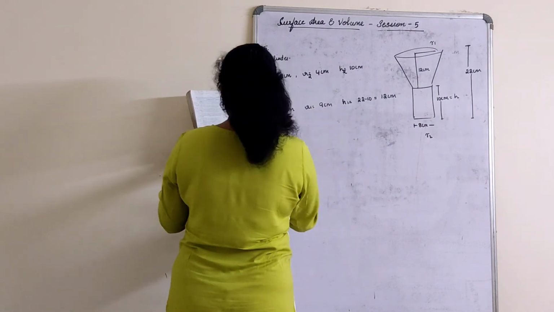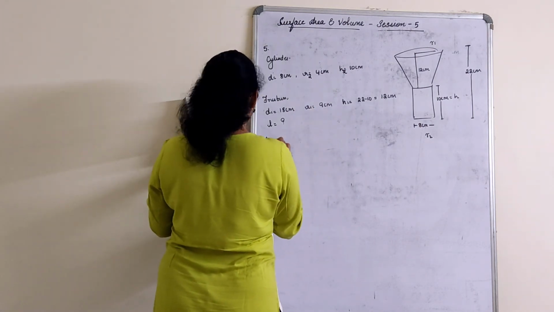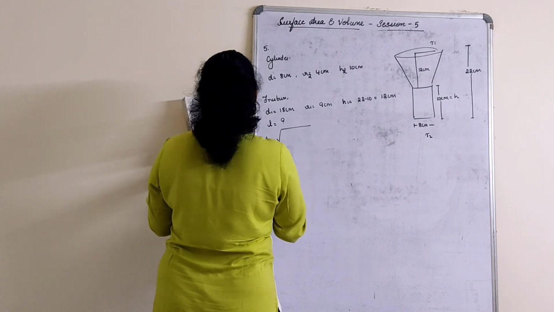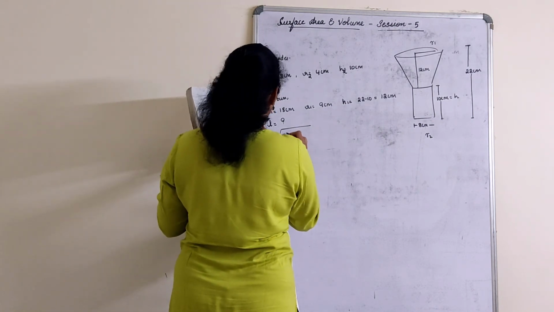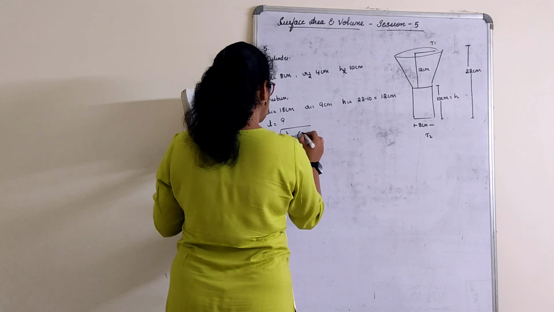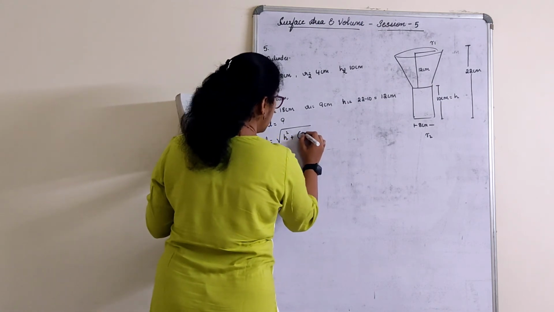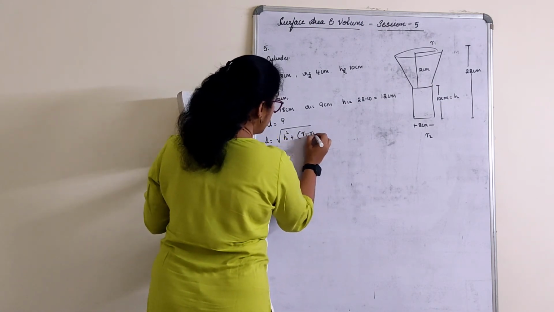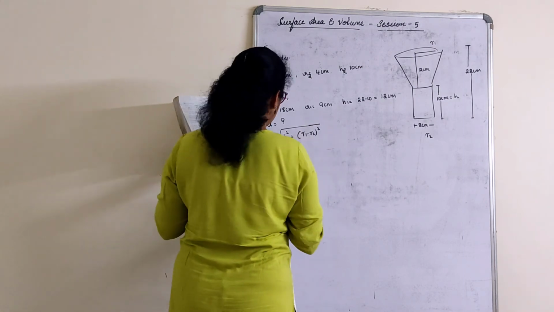Now the slant height formula, what is it? These things are already done. So the slant height formula for a frustum of a cone is square root of h square plus (r1 minus r2) whole square. Correct?